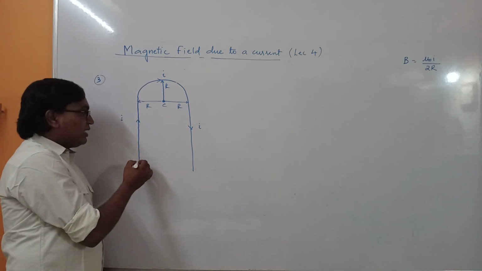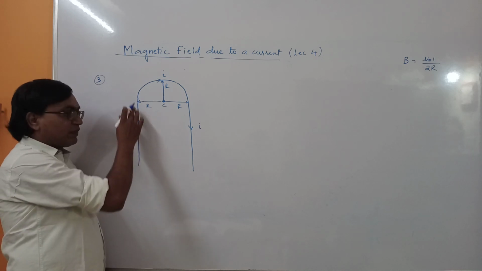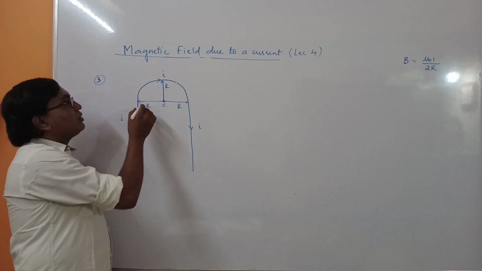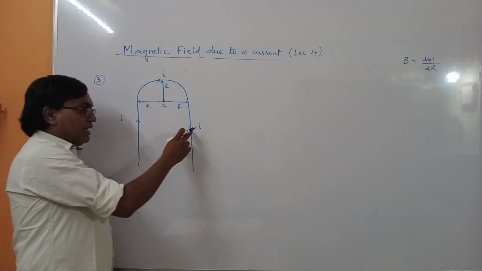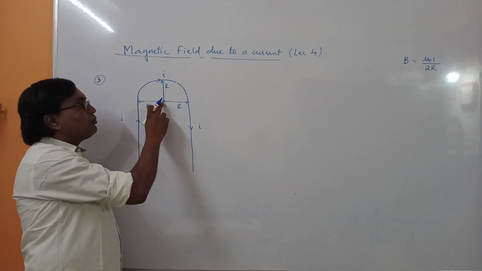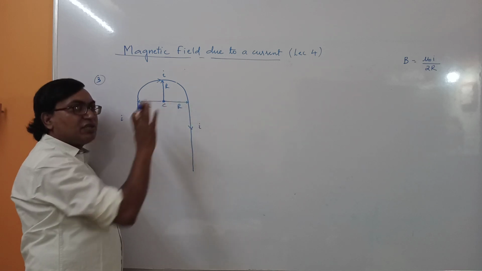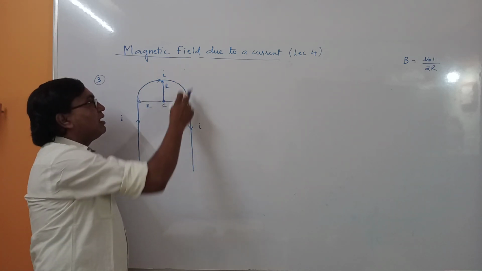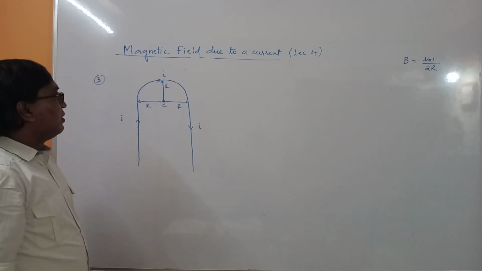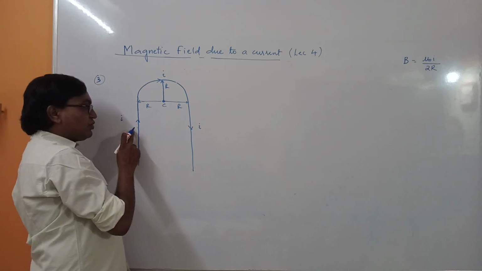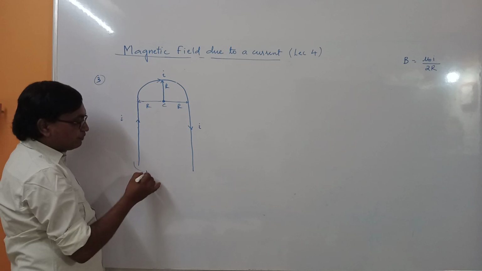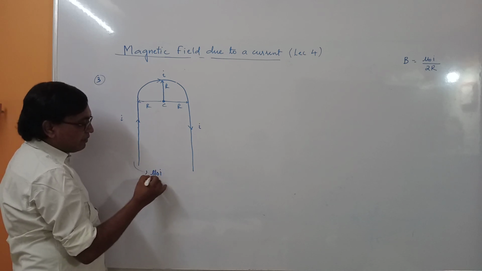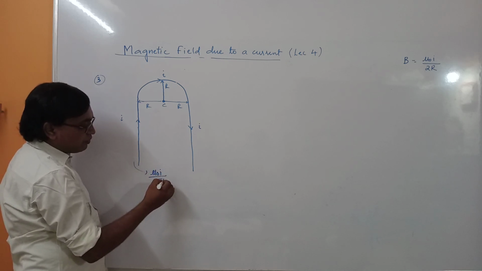Now see here, again this is a semi-infinite wire at a distance d, and this is also a semi-infinite wire. So for point C, this wire is at a distance of R, and there is a half circle. So due to this wire, the magnetic field at point C will be equal to mu naught I by 4 pi d.